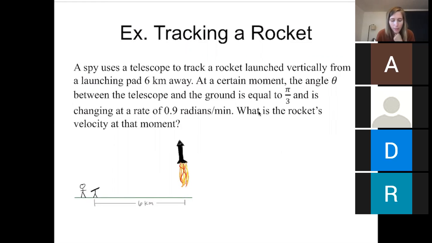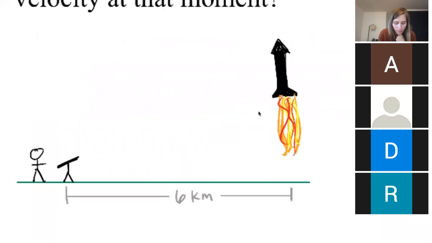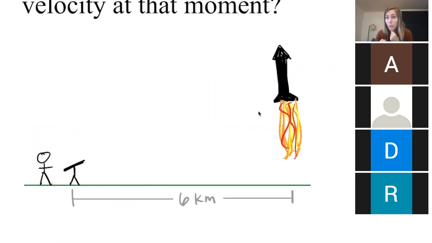The question says, a spy uses a telescope to track a rocket launched vertically from a launching pad 6 kilometers away. So in my picture, I have the spy with his telescope, and then the rocket has been launched, right?